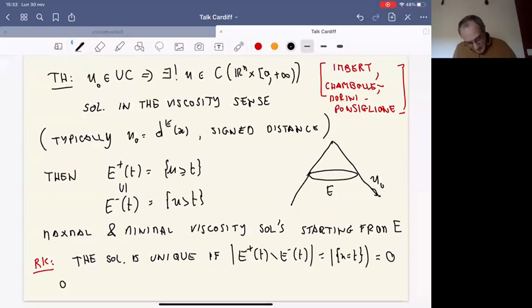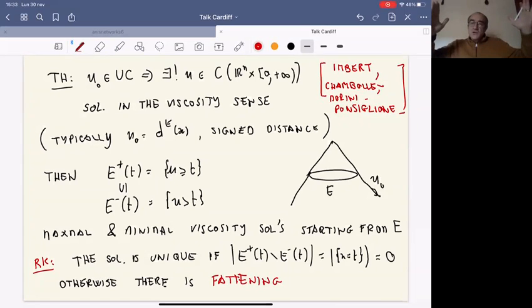And otherwise, there is what is usually called fattening, which means that at some point the solutions E plus and E minus sort of decouple. Typically, when they decouple, they don't come back right away.